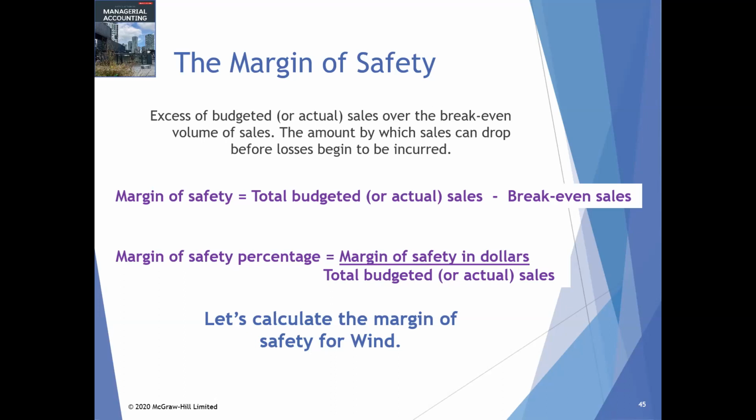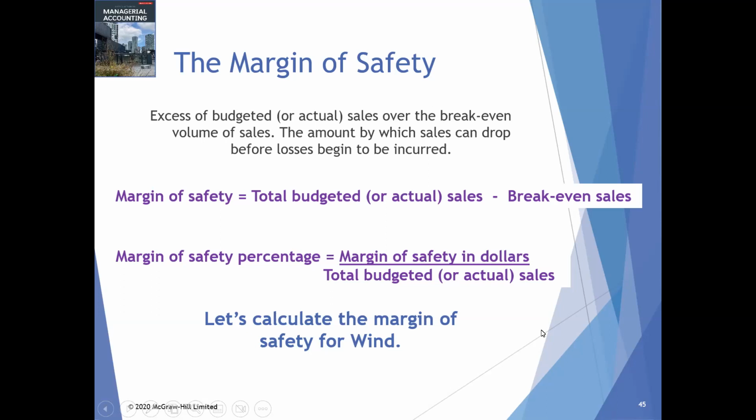So the margin of safety is sales minus break even sales. If the sales are, for example, 100 units and break even sales are 100 units, then the margin of safety is 0, right? So we should know what the margin of safety is. It can be calculated as a percentage: margin of safety in dollars divided by total sales.